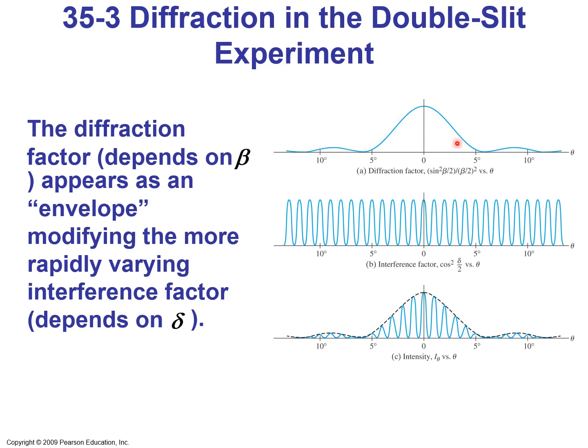So the first plot is the diffraction factor versus angle theta, and there's a relation of sine squared beta half divided by beta half squared. And then for part B, we see the interference factor of cos squared delta half versus angle theta. And the third one is a convolution between these two, diffraction and interference pattern. And you will have interference, which is convoluted with an envelope, which is showing as a diffraction.